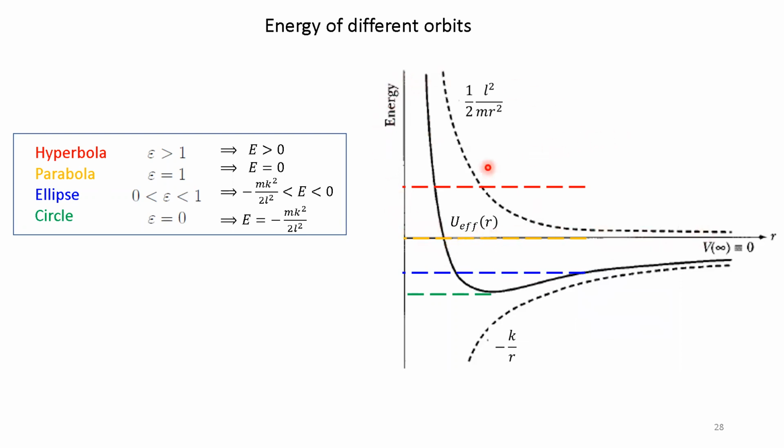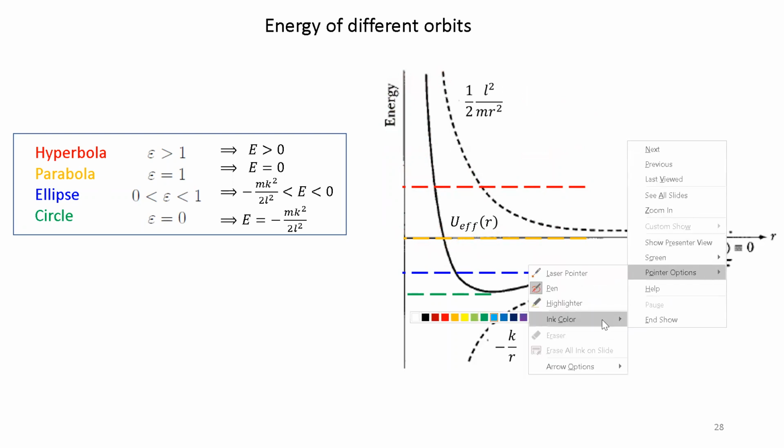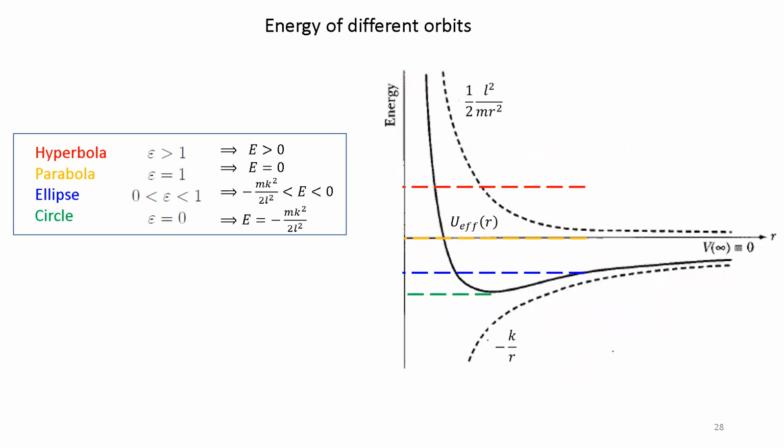Suppose my total energy is given by this red dashed line. That means your particle is allowed to move. Where is it allowed to move? It's allowed to move whenever you get a positive or 0 kinetic energy.